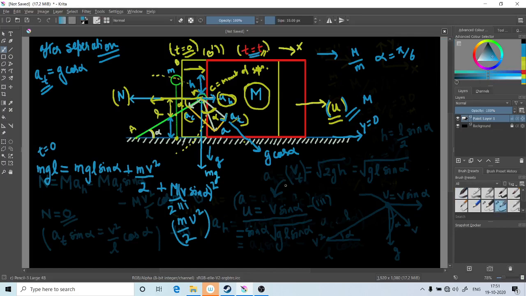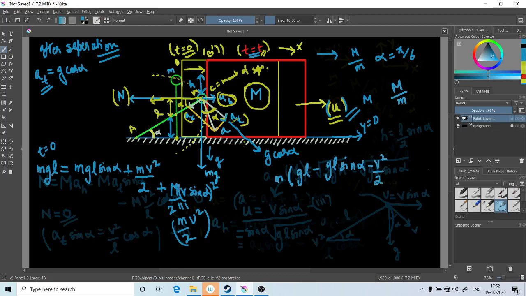Now solving this equation, we get m gl minus gl sine alpha. We have to find out the mass ratio m by m. Sine alpha minus v square by 2.